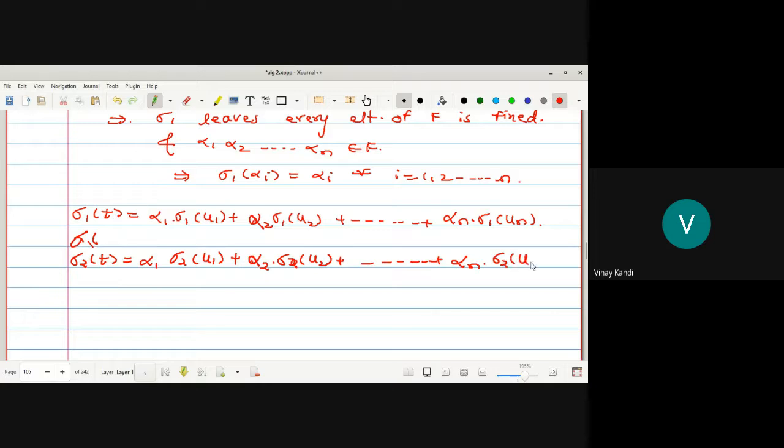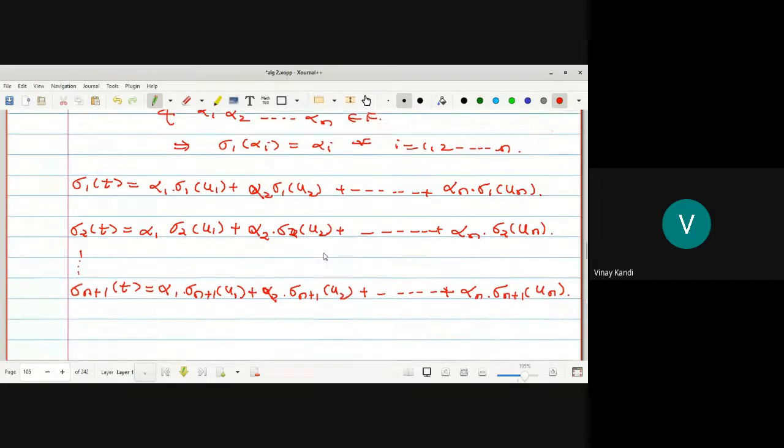And so on, up to sigma n plus 1 of t is equal to alpha 1 into sigma n plus 1 of u1 plus alpha 2 into sigma n plus 1 of u2 plus up to alpha n into sigma n plus 1 of un. Any doubt up to here?